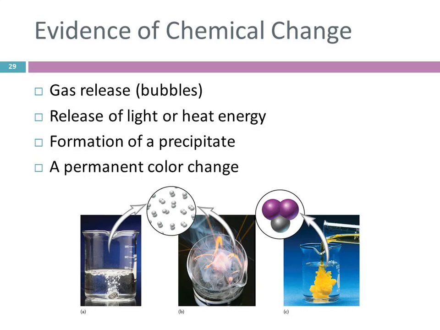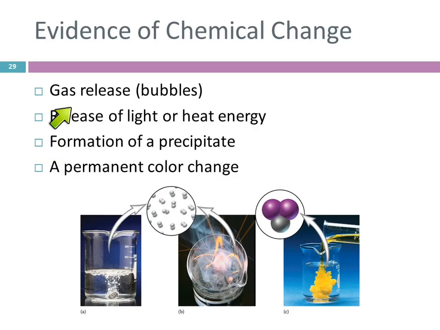There are some things that we can observe that help us to decide, is this a chemical change? So if you see gas being released, here there's a chunk of zinc in an acid solution, and we see bubbles forming. Bubbles forming are gases, and that's evidence that there is a new substance being formed. So that's evidence of a chemical change.